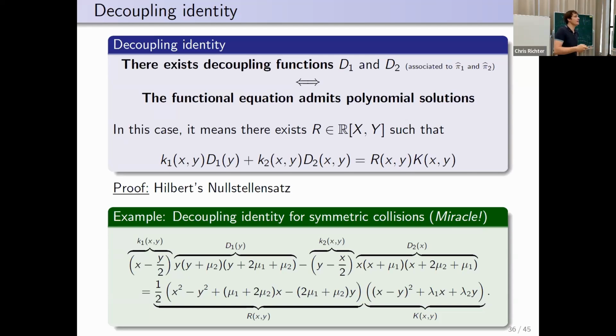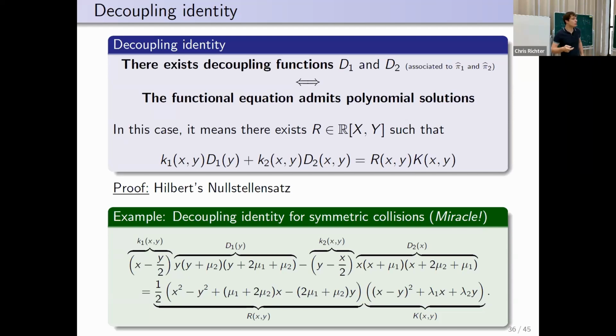So here, when there are decoupling functions, you can find d1 and d2, which are the decoupling functions of the previous slide. And you can also find a polynomial in two variables R, which satisfies the functional equation. And you can prove it using Hilbert's Nullstellensatz, which is a bit of algebra, and the fact that the kernel is irreducible. And you can get the equivalence here.